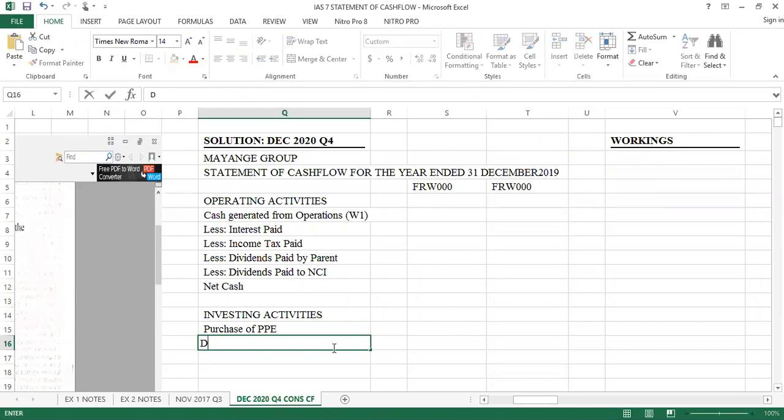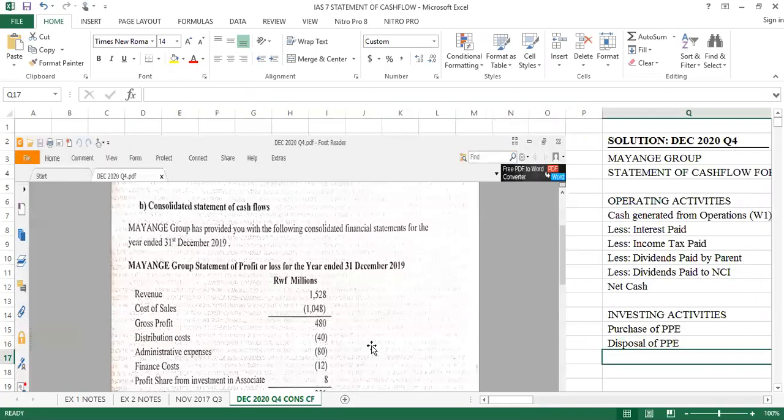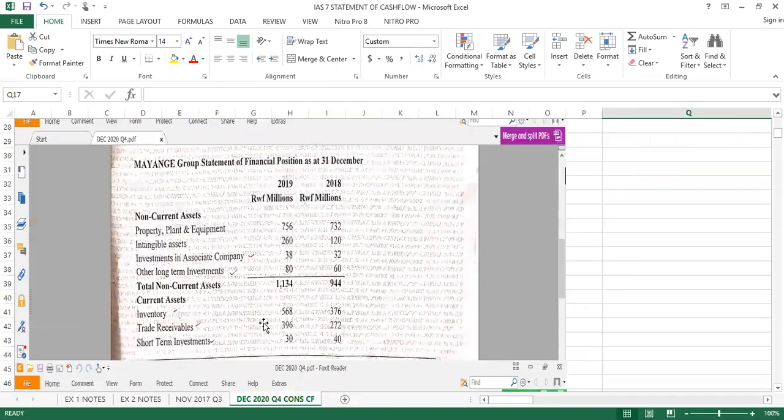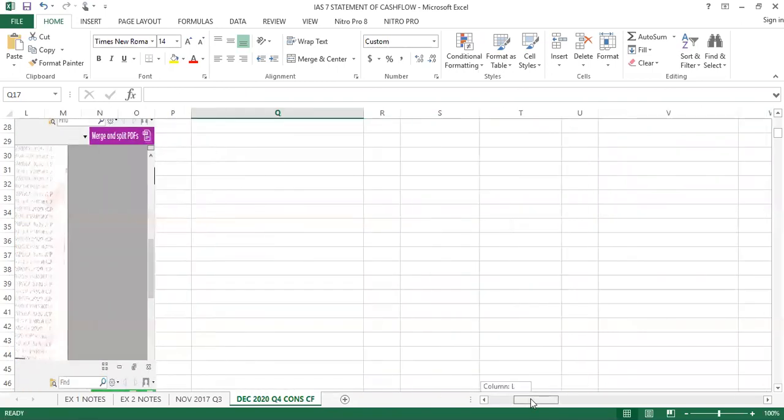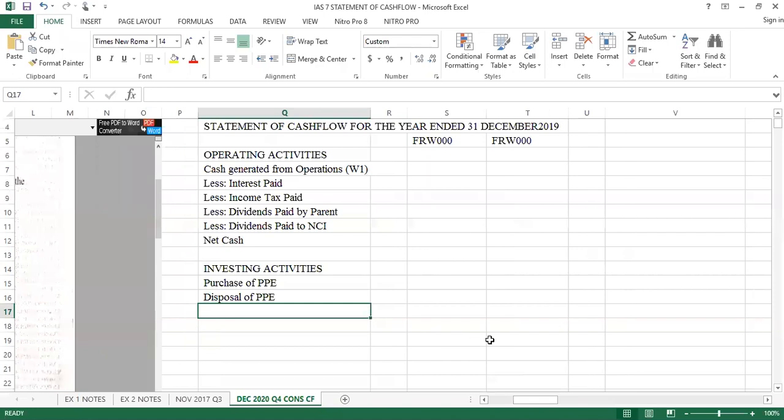Now, if there is any disposal of PPE, you also include it. If it is not there, you don't include it. So look here, there were other long-term investments. Do you see there is an increase in long-term investments? So there is purchase of long-term investments.